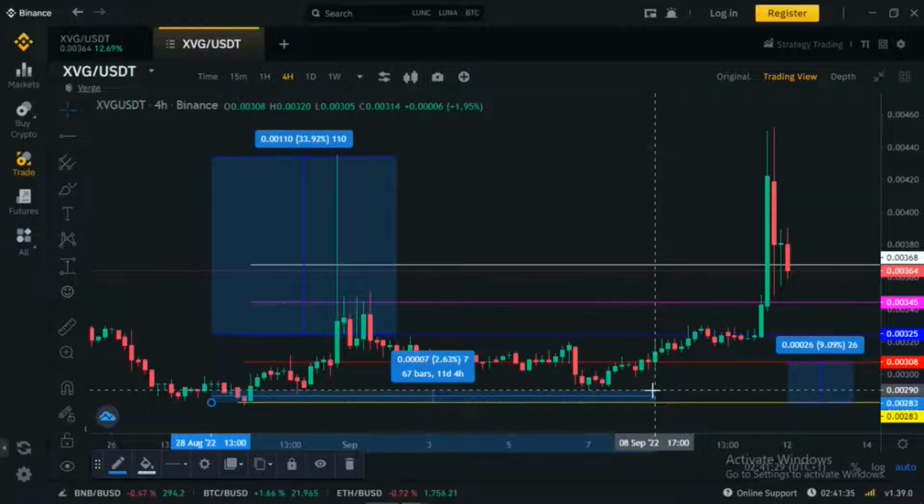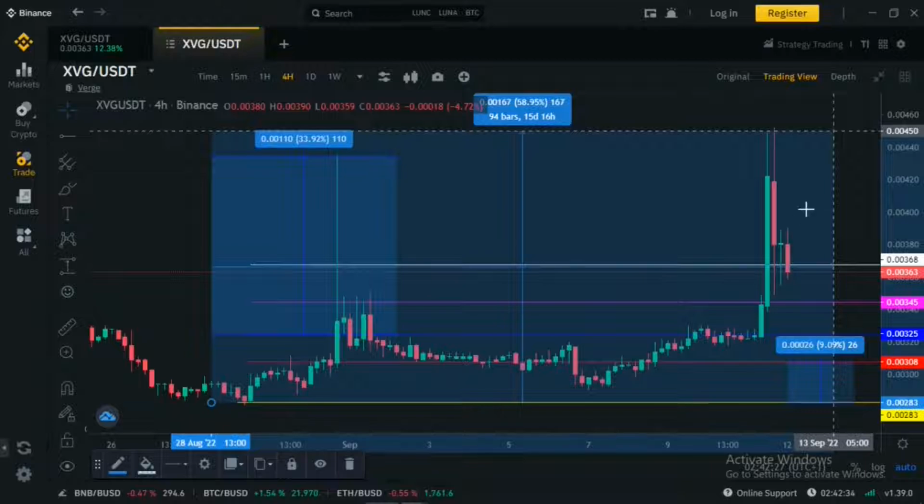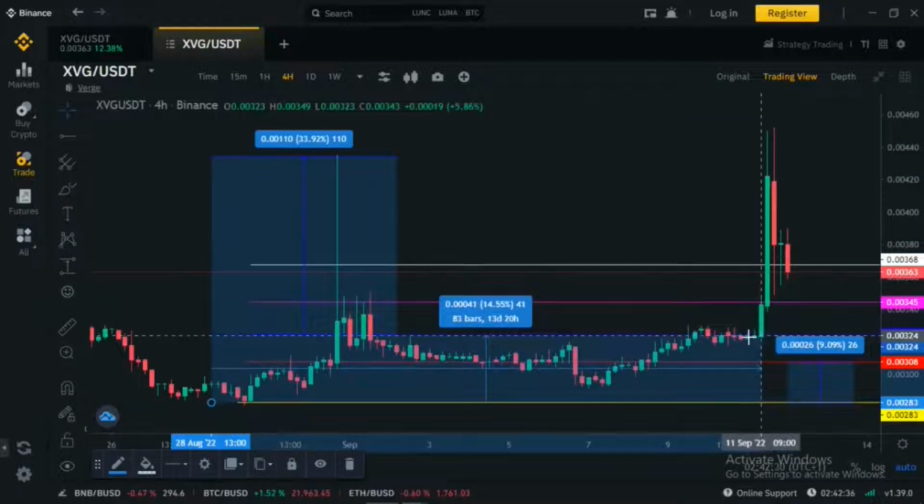And next up, when the current price action of the XVG dipped back down to 2.63%, I had already sold my entire XVG portfolio in profit. And finally, when the current price action of the XVG bounced up again by 60% to complete its standard cycle of a bullish trend operation, I re-entered the trade with a $200 worth of trading capital at the 15% of the most current bullish trend section.